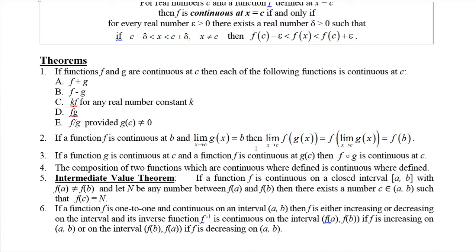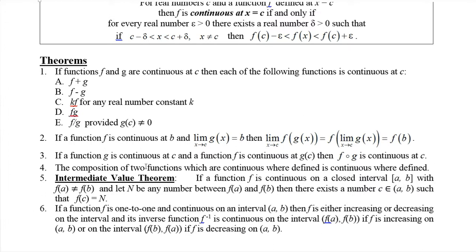We can do that. Continuing on, if a function g is continuous at a point c, and a function f is continuous at g of c, then the function f composed with g is continuous at c. That's sort of an extension of what we just did in number 2.